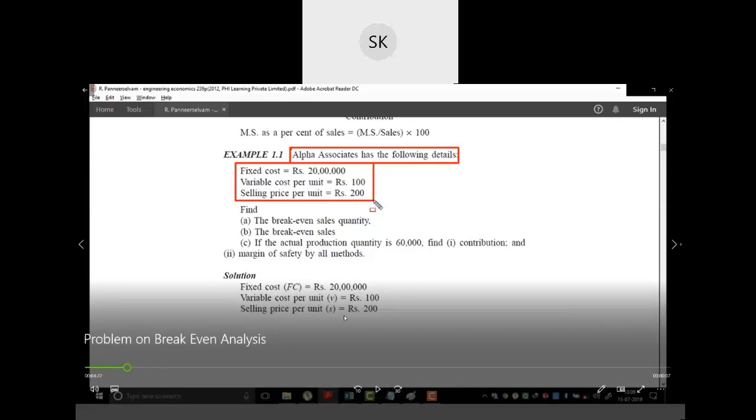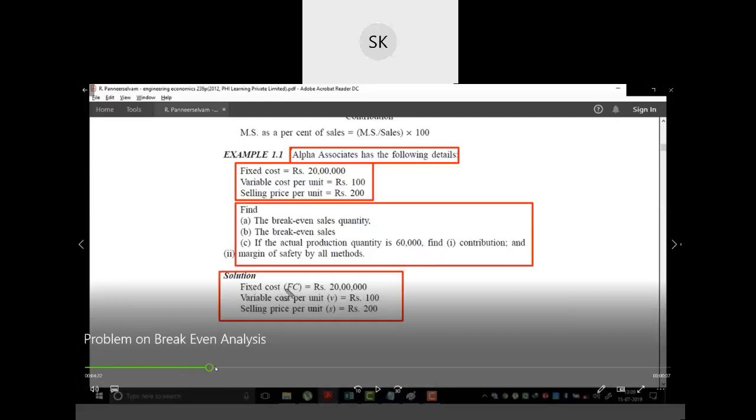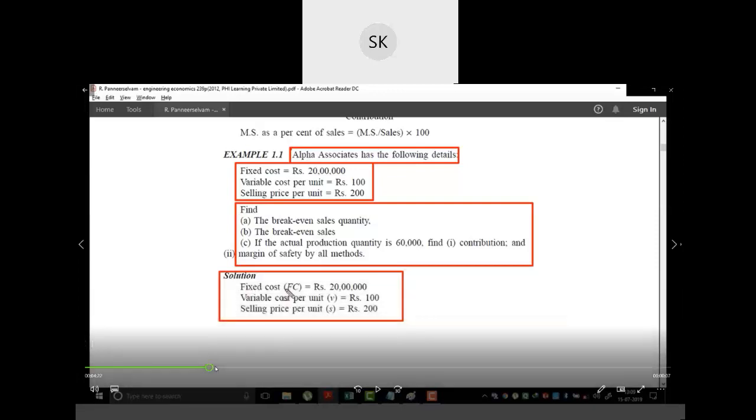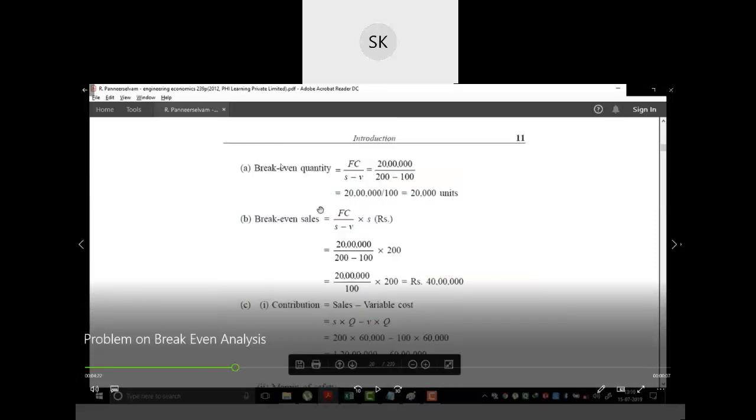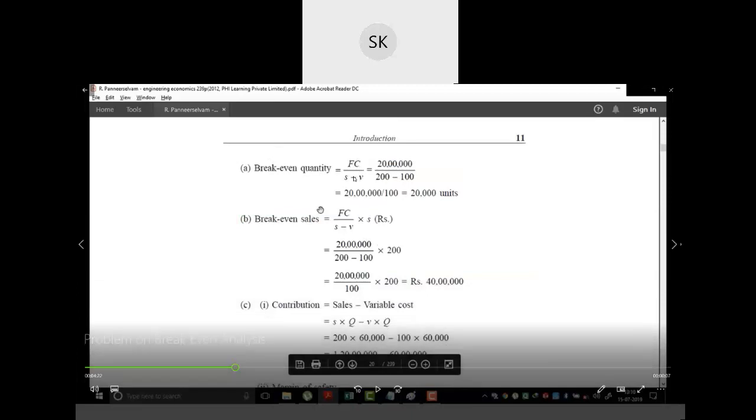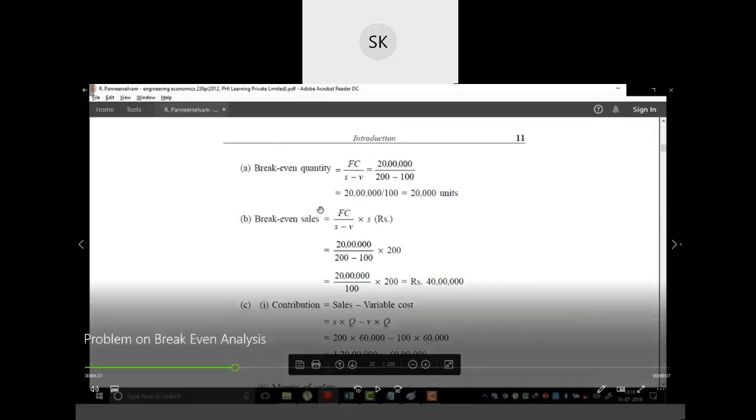These two parameters were calculated earlier. So 120 lakhs minus 40 lakhs is 80 lakhs. So MS, the margin of safety, is 80 lakh rupees. That is method number 1 to find out the margin of safety.